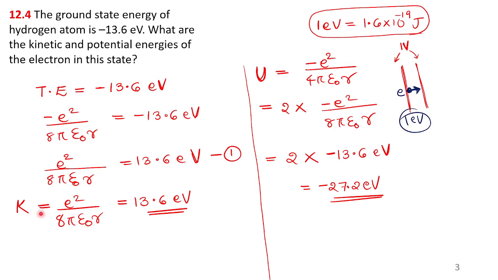The kinetic energy has the formula E square by 8 pi epsilon 0 r, and we have already got its value, 13.6. So that is actually kinetic energy. So kinetic energy equals E square by 8 pi epsilon 0 r, which is 13.6 electron volt.